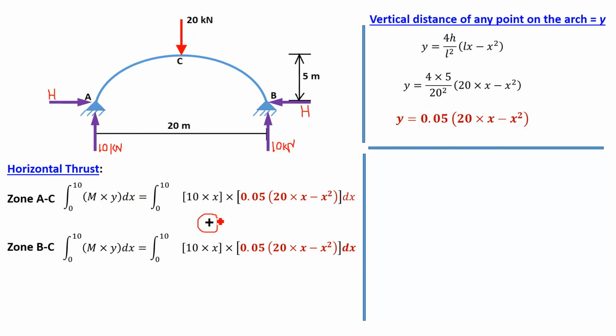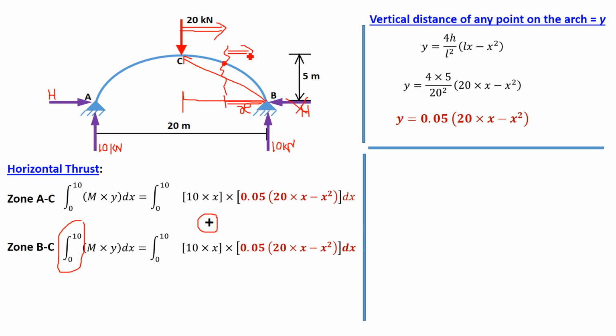So plus, now the second zone is B to C. Again the limits are 0 to 10. Now we have to consider the right portion of the point load, the B to C zone. If I take a section at any point here, let us assume the horizontal distance of that point is again x. Looking at the right part of this section, again we are not considering H because we are calculating that.